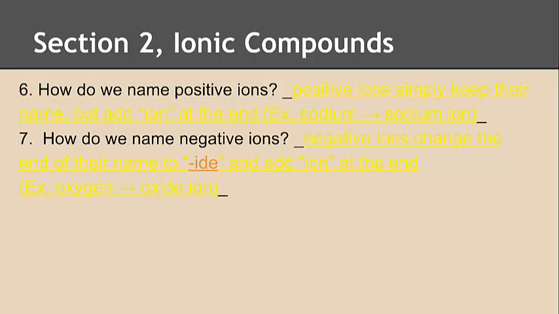We simply add the word ion at the end of the name. So sodium becomes sodium ion, magnesium becomes magnesium ion, and so on. The negative ions, the non-metals over on the right-hand side of the chart, we change the ending of the name to "ide", and then you still add the word ion. So oxygen becomes oxide, nitrogen becomes nitride, carbon becomes carbide.